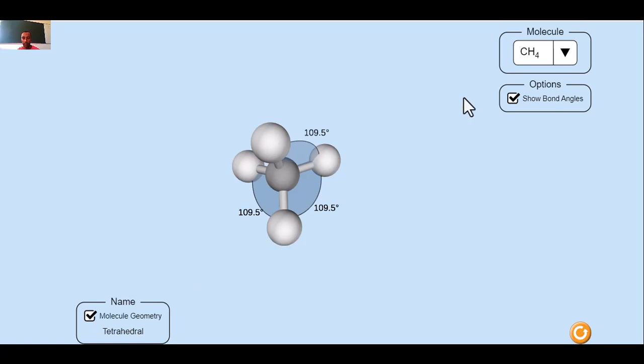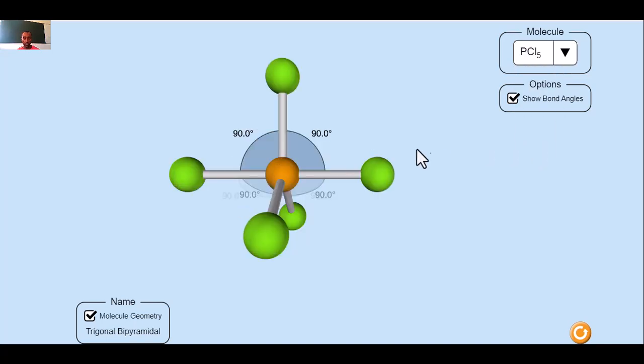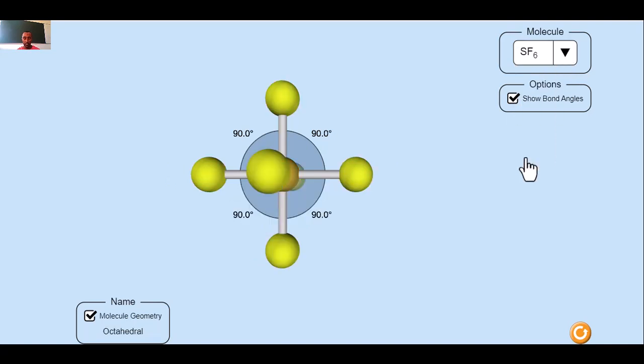Example, you can take methane. The fourth molecular geometry is trigonal bipyramidal. If the central atom is surrounded by 5 atoms and there is no lone pair at the central atom, this type of geometry is called trigonal bipyramidal. Example, phosphorus pentachloride.